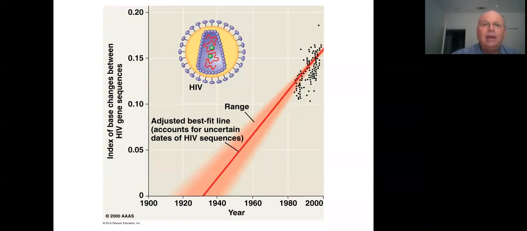So when we take a look at the known genomic sequences of HIV-1 and we do a regression analysis, you see that the line of best fit puts the period of time that the virus actually entered the human population in a high enough frequency that it would ultimately give rise to the pandemic once it had found populations that allowed for easy transmission from host to host.